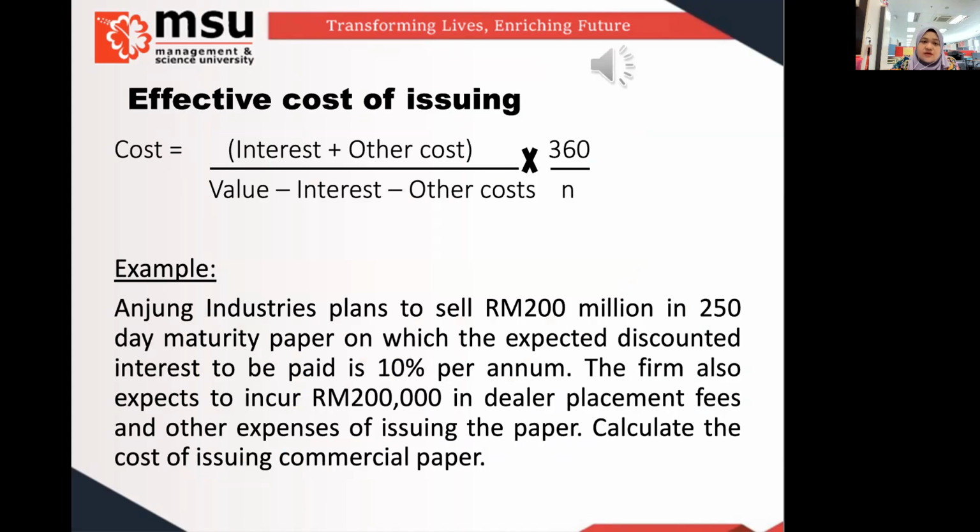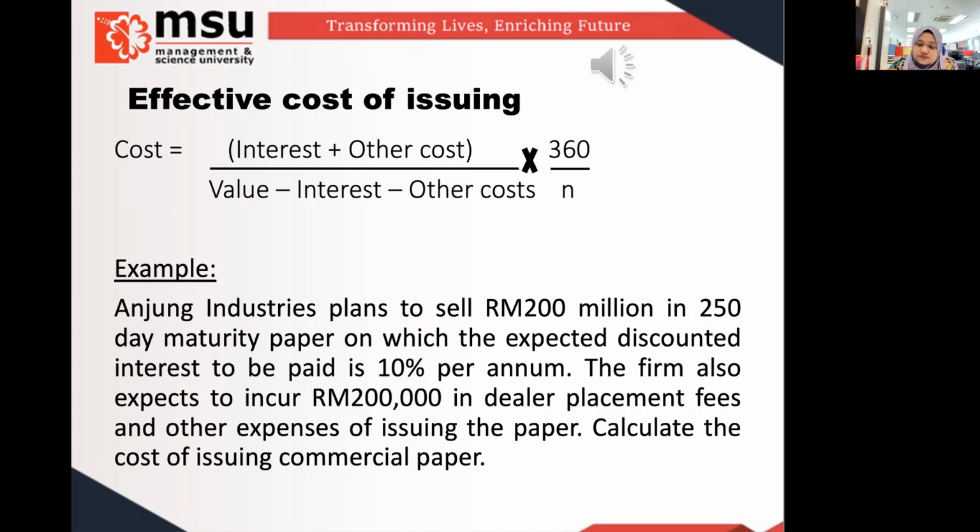All right. So as I said earlier, what is most important that we have to learn about commercial paper? Apart from understanding what commercial paper is all about, we need to know, by issuing the commercial paper, how much is the cost associated with it. So basically, you want to know the effective annual rate of the paper.